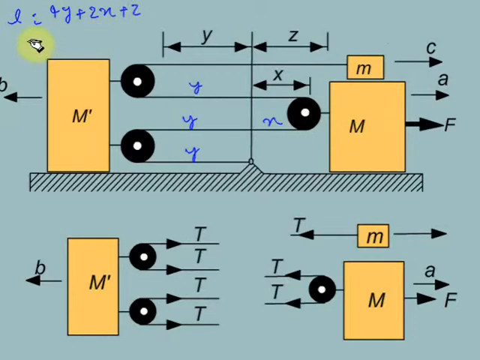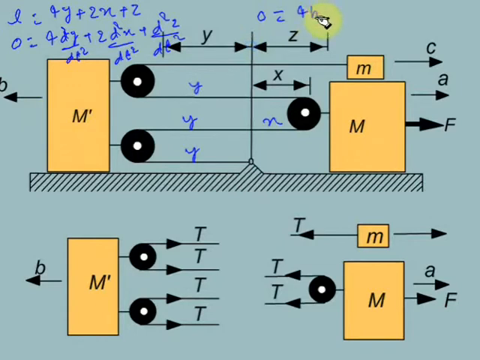Now if we double differentiate this equation, we will get 0 is equal to 4 into d square y by dt square plus 2 d square x by dt square plus d square z by dt square. Now d square y by dt square is nothing but b, so 0 is equal to 4b plus d square x by dt square, which is nothing but a, so 2a, and d square z by dt square is nothing but c.